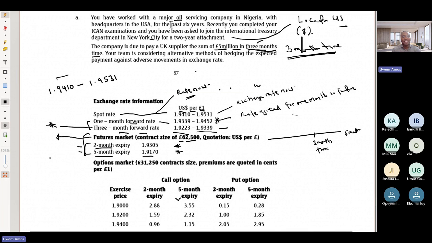So these two rates, one of them is the buy rate by the FX dealer, and one of them is the sell rate by the FX dealer. So we need to determine which of them is applicable to us.